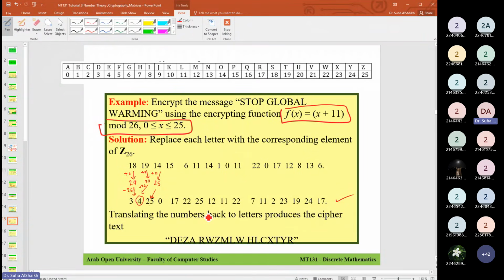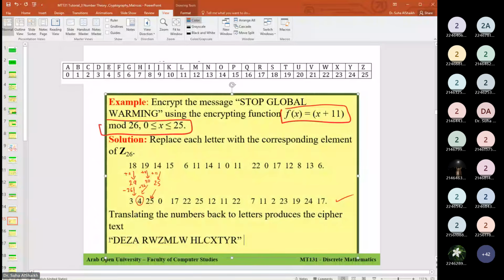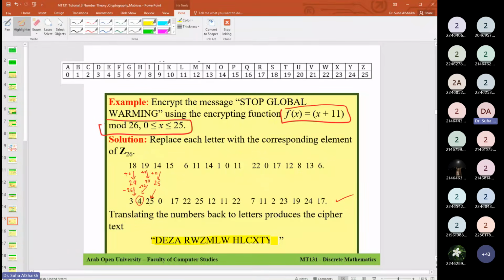Last step is converting the digits into letters, as you can see here. 3 is a D, 4 is an E, 25 is a Z, the 0 is an A, and so on. So this will be my secret message. This is the encryption function. Now, if the person who received this message wants to decrypt, what will be the decryption function?